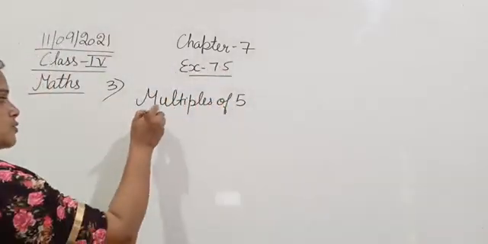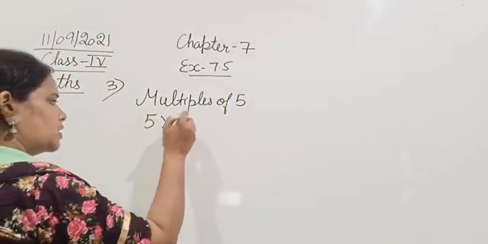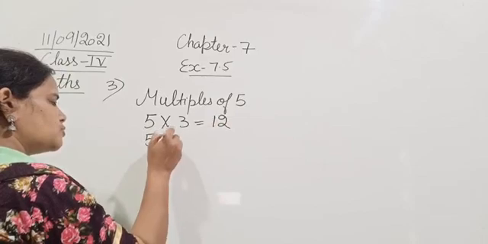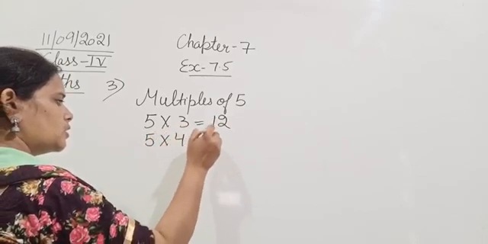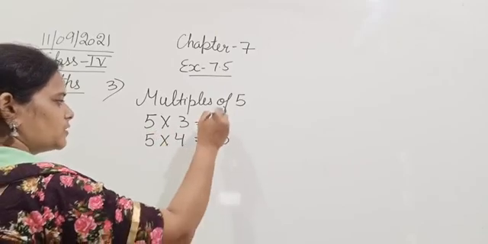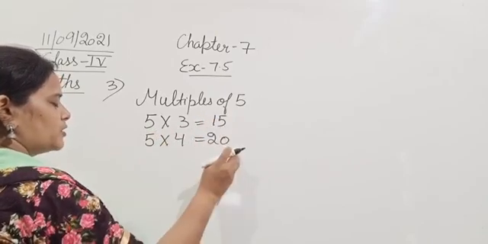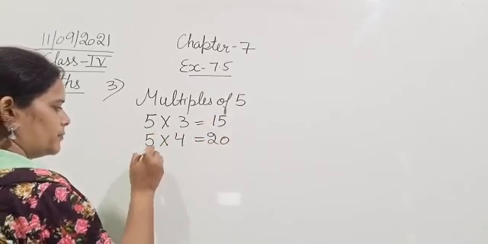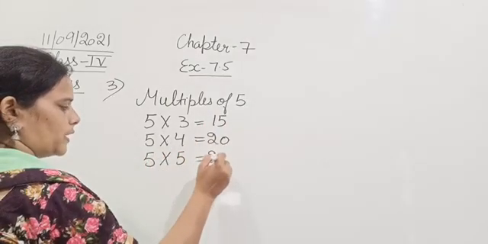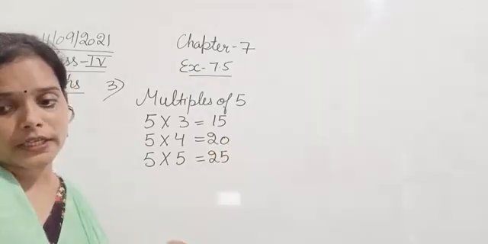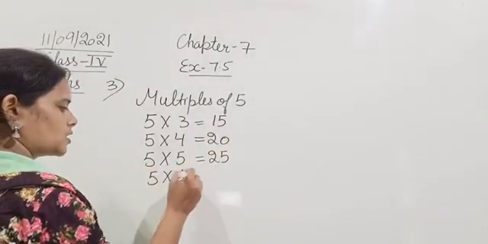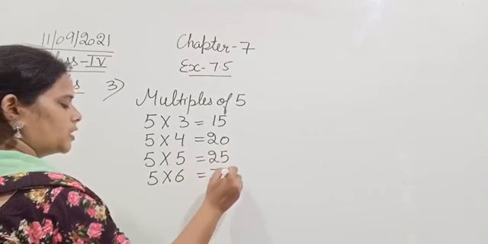Yes. 5 into 4 is equal to 20. 5 into 5 is 25. 34 से कम चाहिए. 5 into 6 is equal to 30.